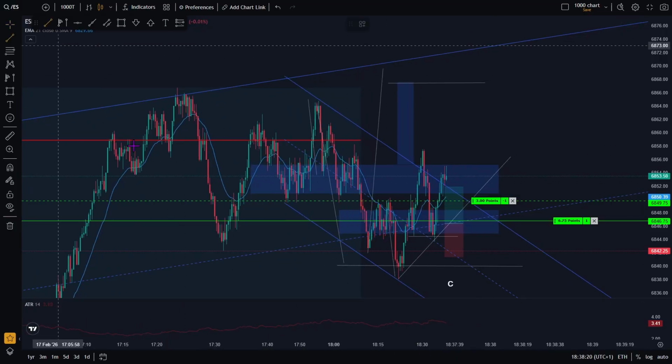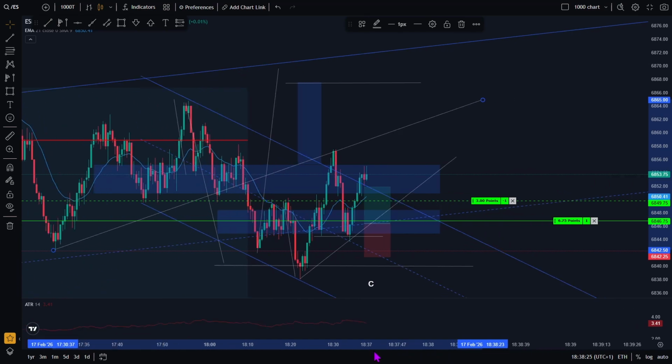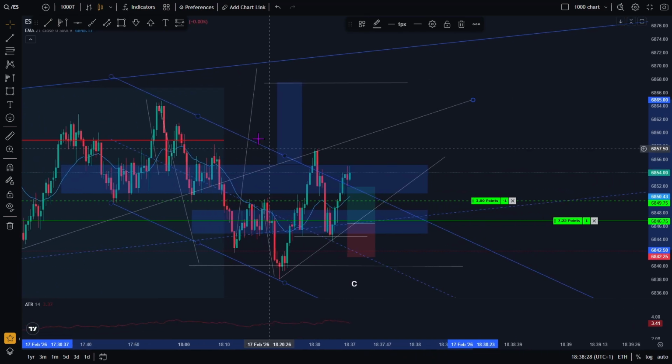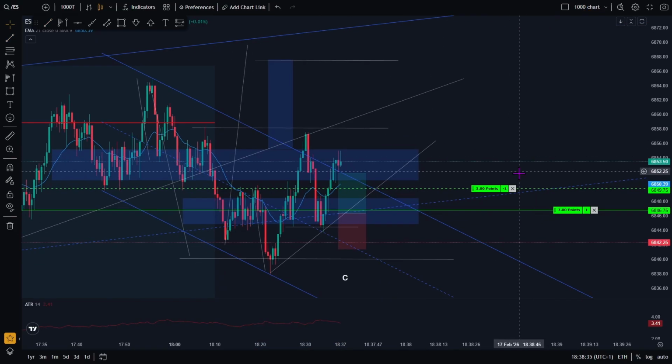Now we could say, this is actually one level. I'd like to see the reaction at this trap level. Maybe we see now there is a double top forming.